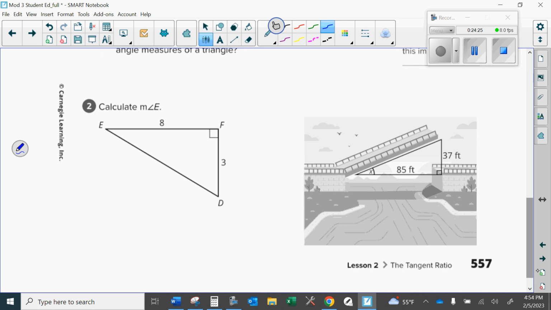Let's go ahead and do this one right here. Solve for x. So again, we have tangent. We know we're using tangent already in here because it's the opposite over the adjacent. There's your hypotenuse. Those are the two given to me. 37 over 85. So inverse tangent of both sides.